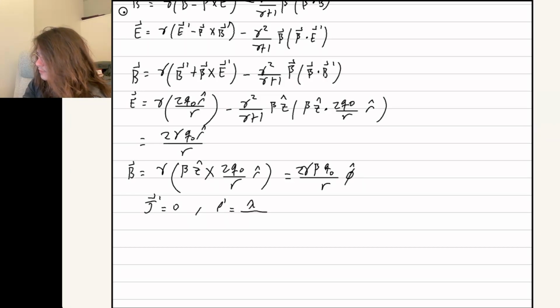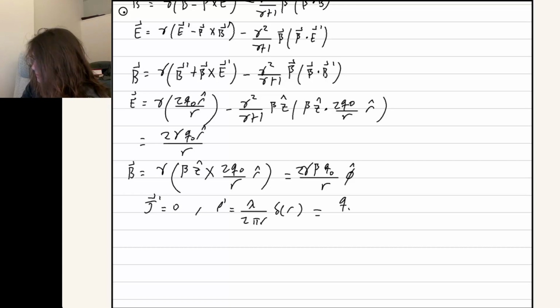We'll just have to convert it from being a linear charge density into being a volume charge density, which you can just do by dividing by 2 pi r, the circumference of the cylinder, and multiplying with the Dirac delta. So we get q naught over 2 pi r, and then the Dirac delta r.